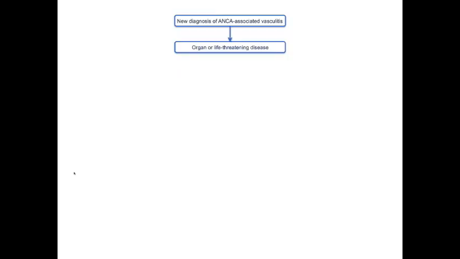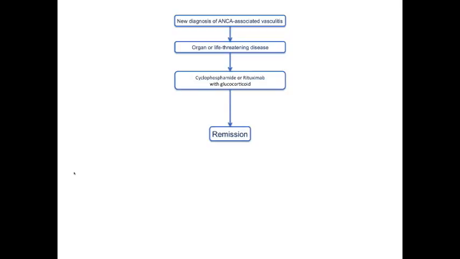So we developed an algorithm for the treatment of vasculitis which summarizes much of what I've just been saying to you. If we take a patient with a new diagnosis of ANCA-associated vasculitis who has organ or life-threatening disease, and as I mentioned, this can be sight-threatening, hearing-threatening, bone-threatening, not just conventional severe renal disease or severe pulmonary hemorrhage, these patients should be treated with cyclophosphamide or rituximab combined with steroids.